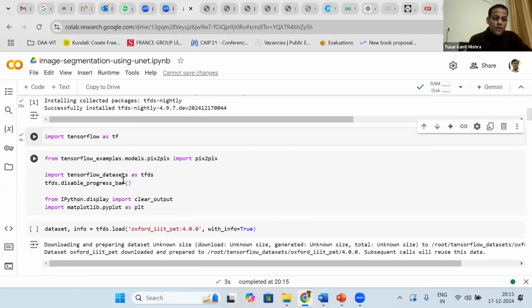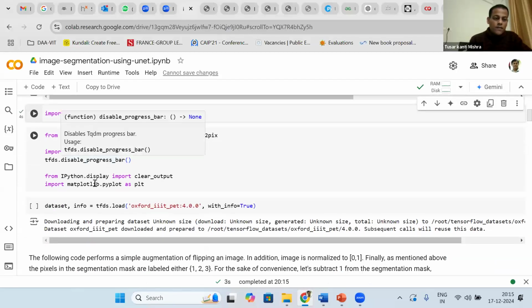Okay, fine, done. From TensorFlow examples, and all these necessary steps will have to run.